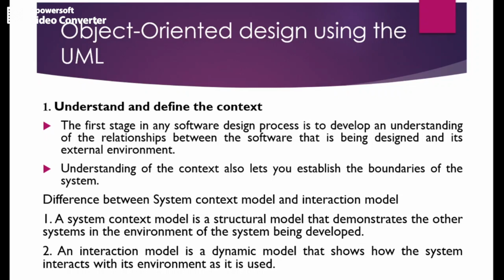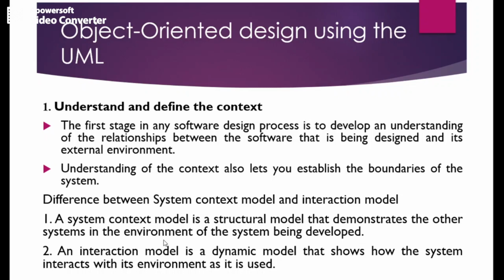A system context model is a structural model, which you have studied about, that demonstrates the other systems in the environment of the system being developed. So mainly the context model is a kind of structural model. It will demonstrate what all systems are there in the environment of the system which is being designed.